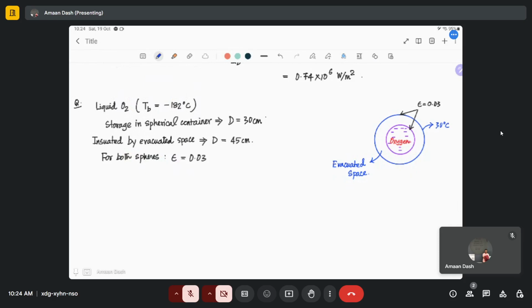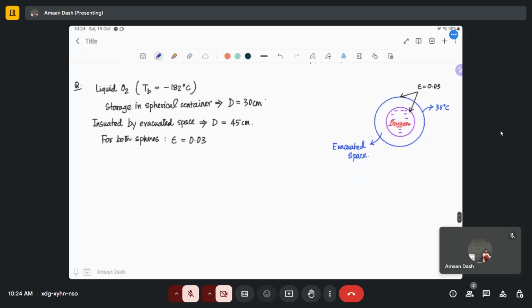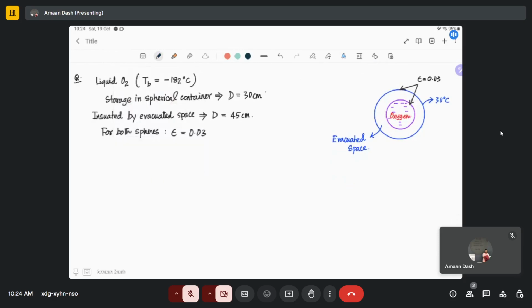Estimate the rate of heat transfer by radiation to the oxygen in the container.